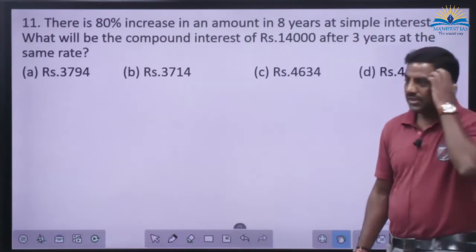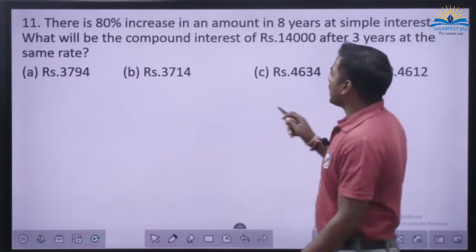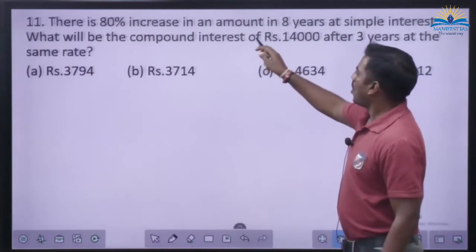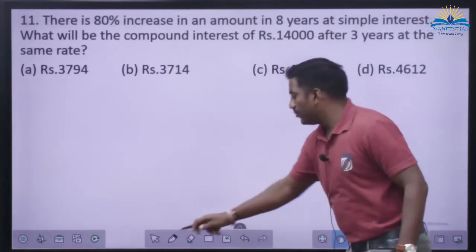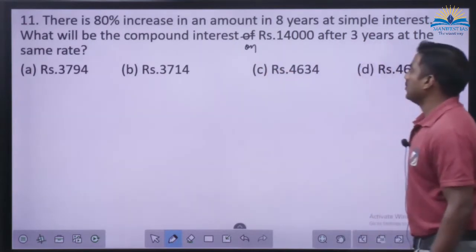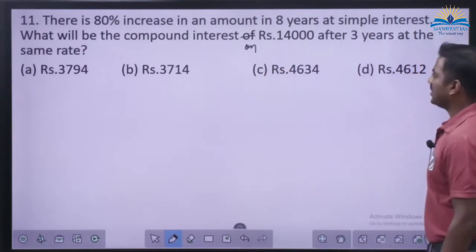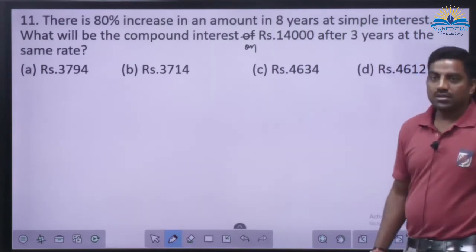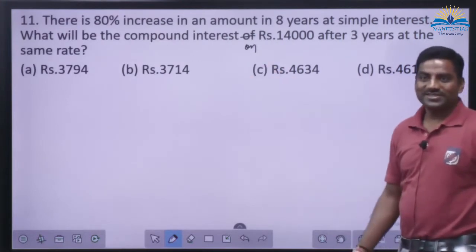Yes? 10%. What will be the compound interest on rupees 14,000 after 3 years at the same rate? What is the same rate? 10%. But they are asking compound interest.